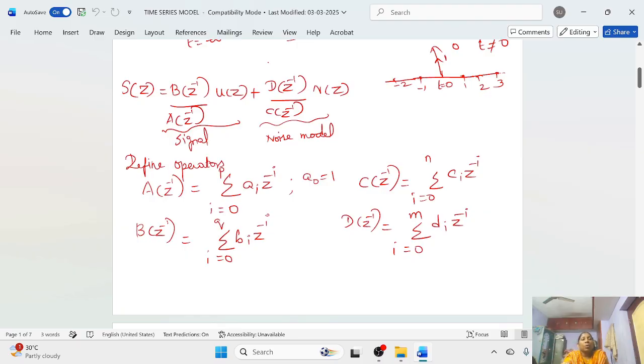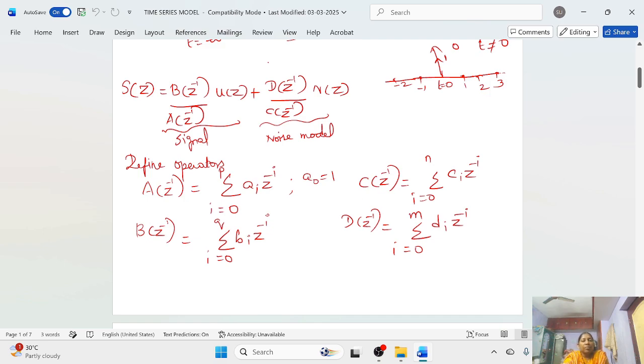When we define the operator A of Z inverse, it is expressed as the summation from i equal to 0 to P of a_i into Z power minus i. This P is called the order of the filter. Here i equal to 0 means a_0 equal to 1, which we can assume. Similarly, B of Z inverse is defined as the summation from i equal to 0 to Q, where Q is the order, of b_i into Z power minus i.